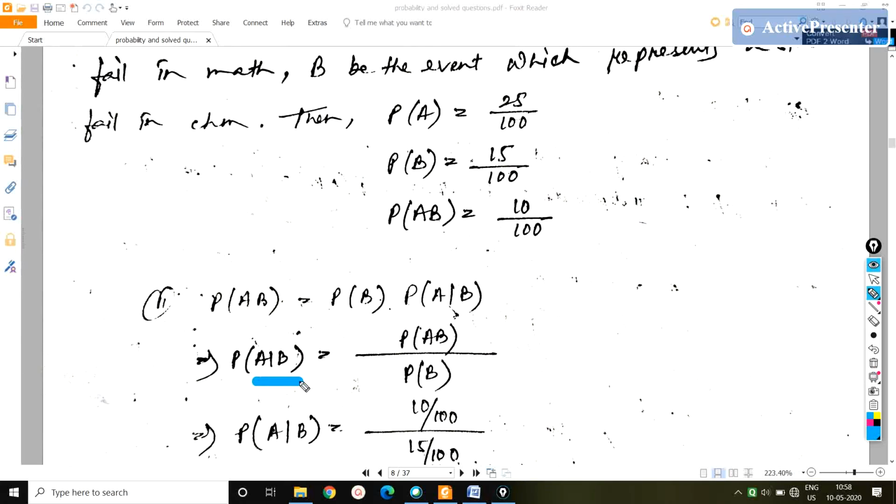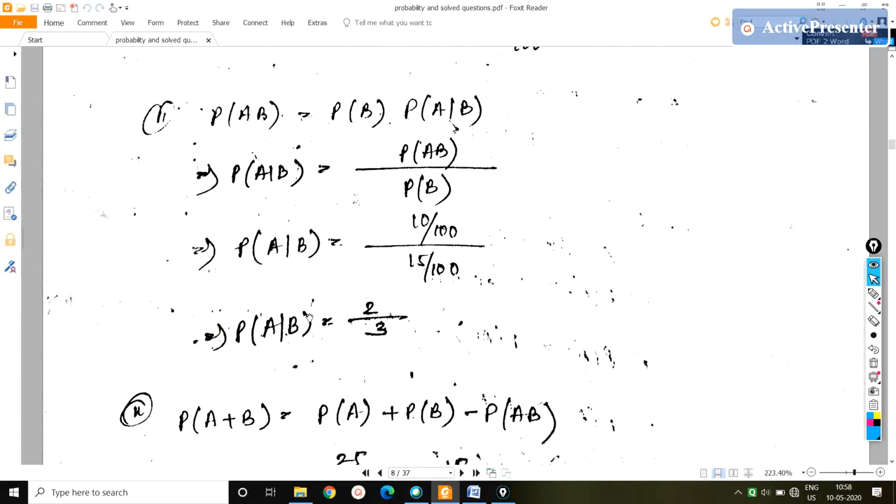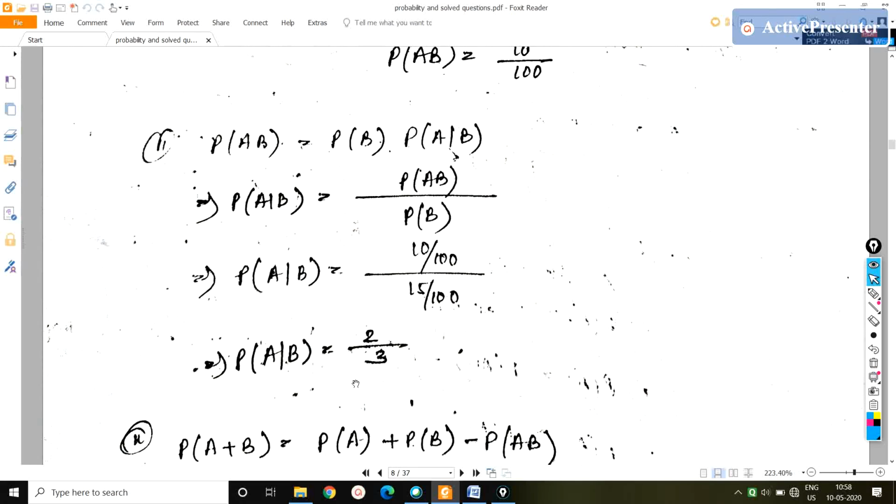To get this P of A given B, you know that it is equal to P of AB by P of B. So the probability of AB is 10 by 100, and P of B is 15 by 100. This gives you the value: the probability that the student fails in mathematics, given that he fails in chemistry, comes out to be 2 by 3.